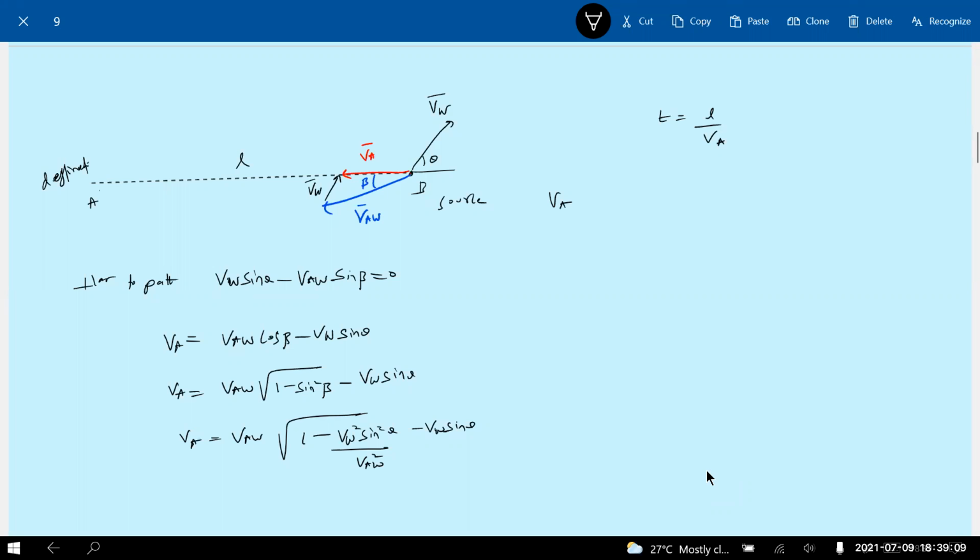Sir, it should be VW cos theta only, no, sir. VA is equal to VAW cos beta minus... What I wrote is correct, no? What is the problem?